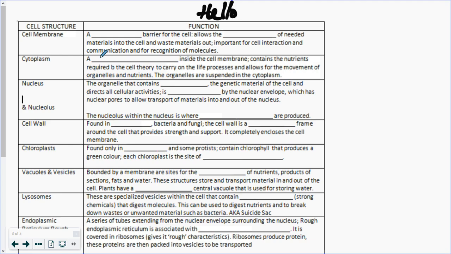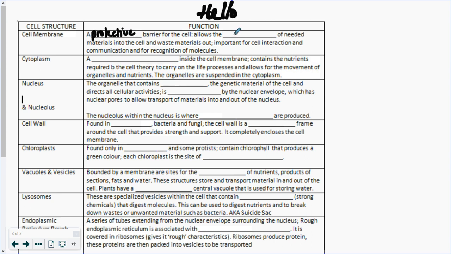Okay, so just to talk about the cell structure. These we all labeled on the last page, but now to talk about what their function actually is. So a cell membrane is a protective barrier for the cell.